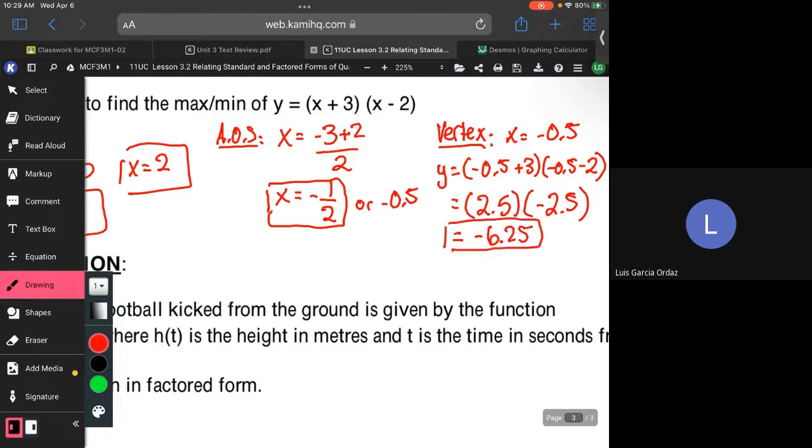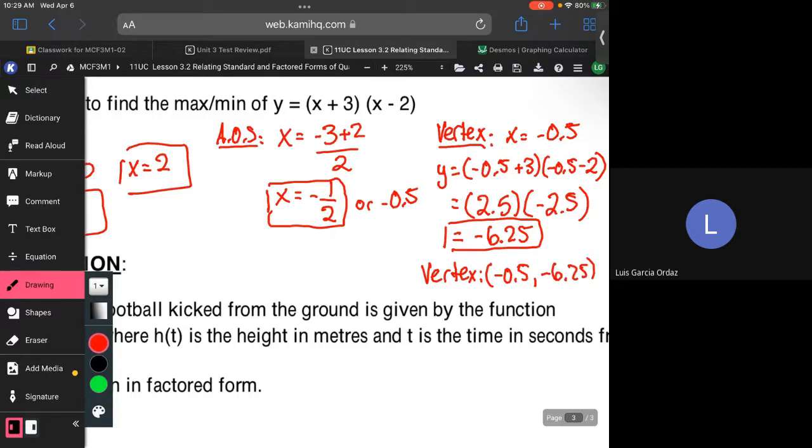Given both my axis of symmetry and the y value of my vertex, what is my vertex as a coordinate now? Ashton. -0.5 is your x and y is 6.